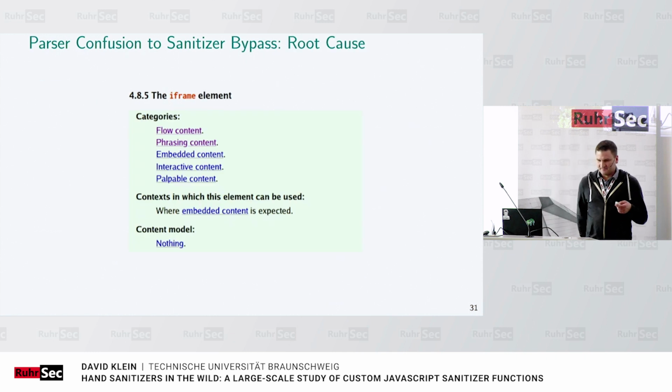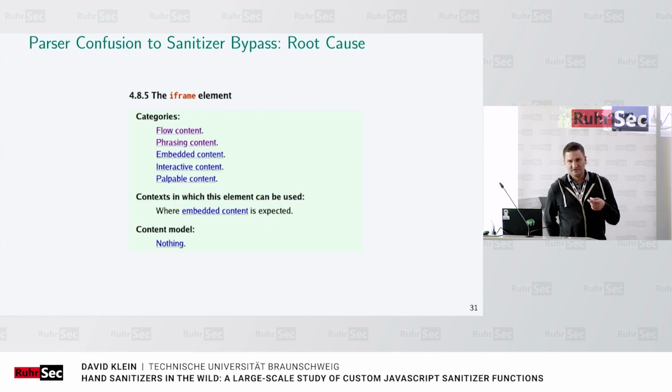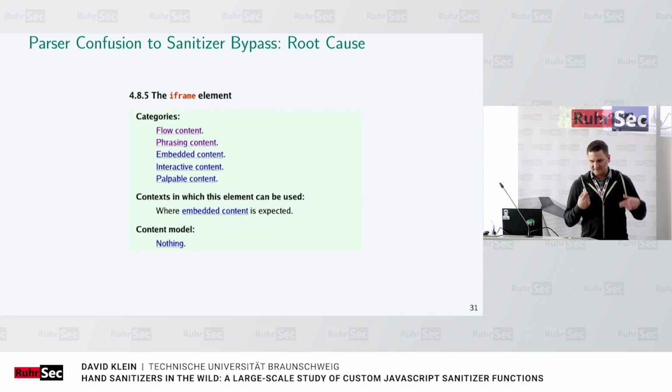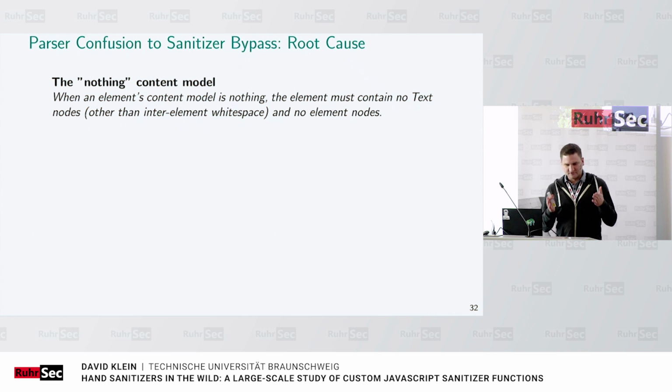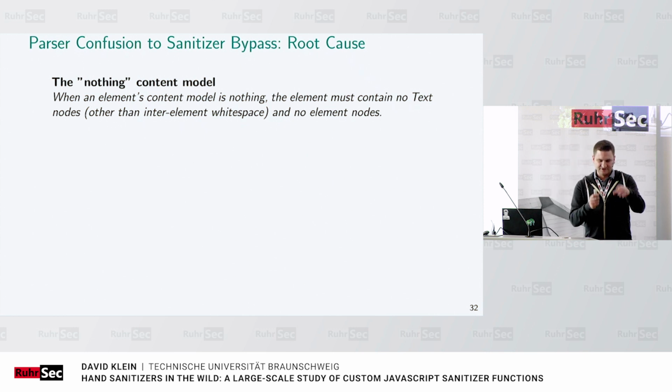And this is another large issue. The HTML standard has some internal disagreements. I tried to figure out why this is the case, and I looked at the iframe element, and it says it can't have any content, like it can't have text child nodes.